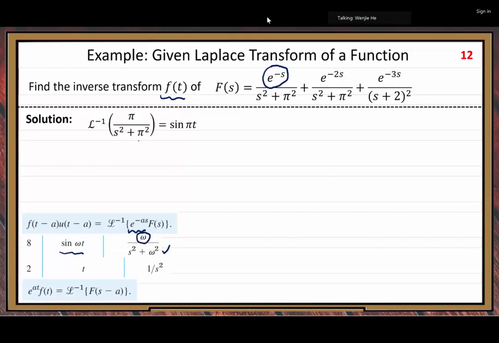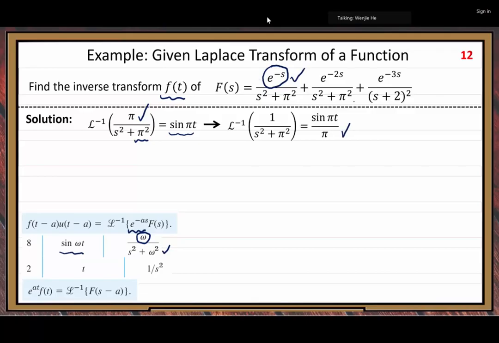Because we see pi square here, omega square, we need to add the omega number here. So by formula number 8, we get a sine. After that, we can divide both sides by pi. So we have the inverse Laplace transform without this E term.